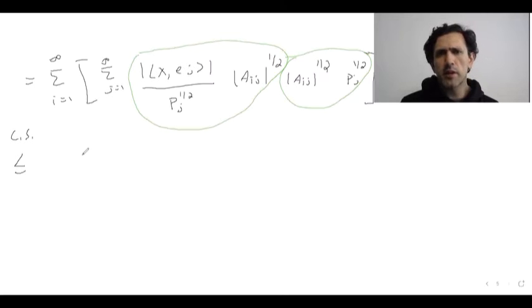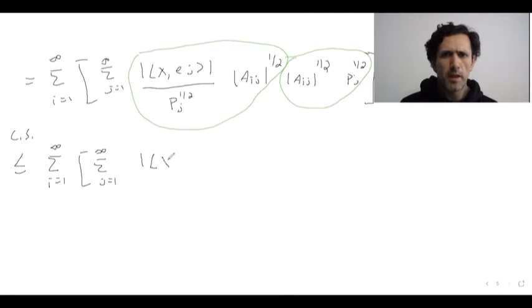So just by the little L2 Cauchy-Schwarz inequality, this is going to be less than or equal to the sum over j equals 1 to infinity of x inner product ej squared over pj. Well, the square gets rid of the 1/2.